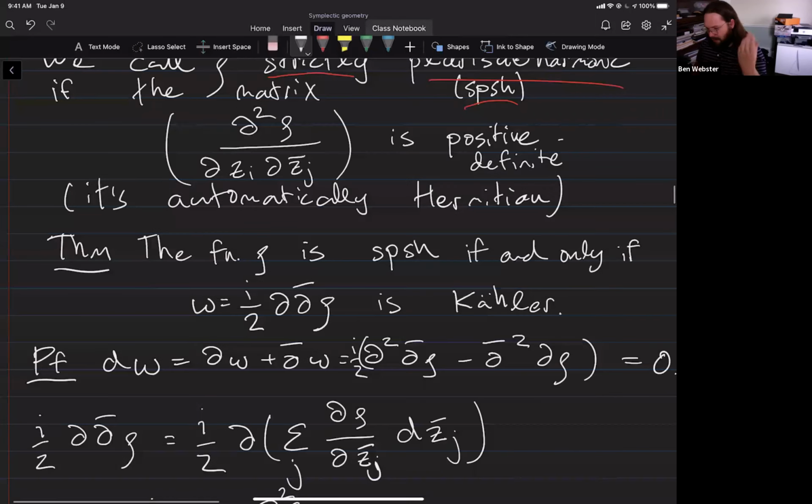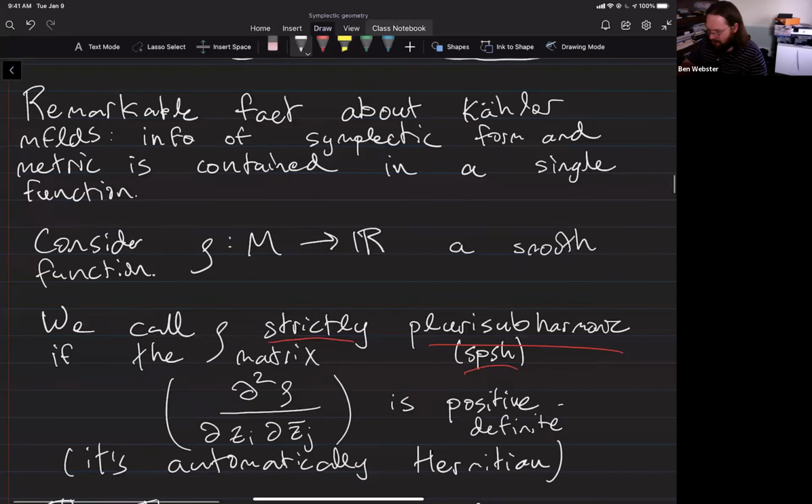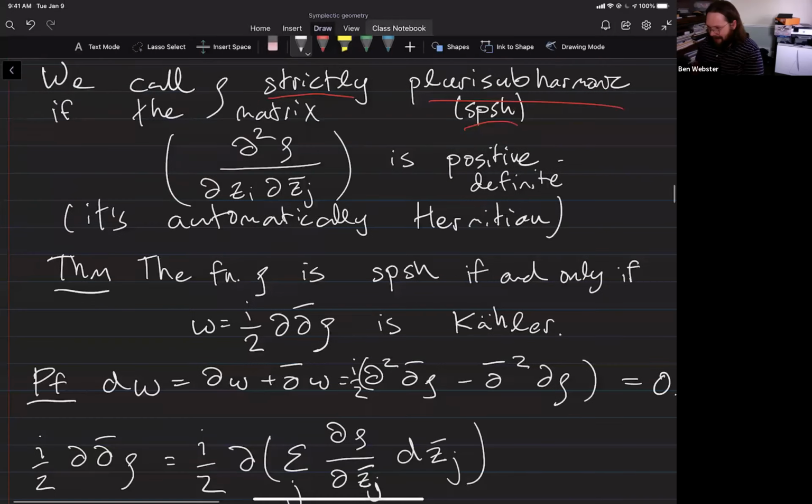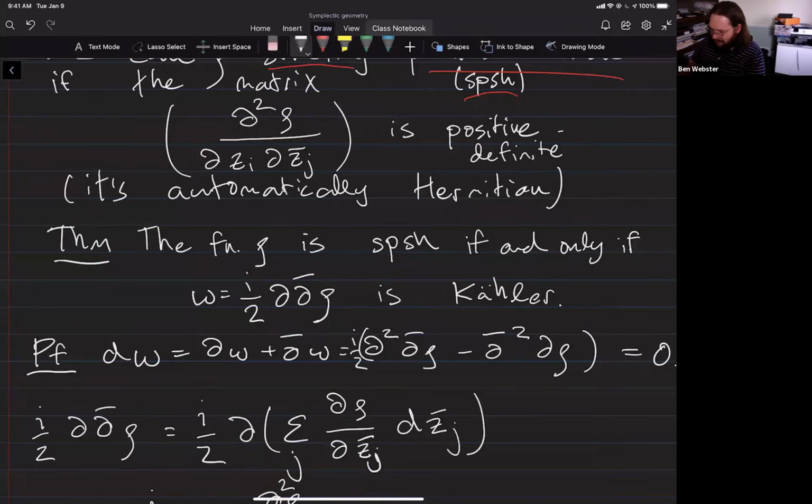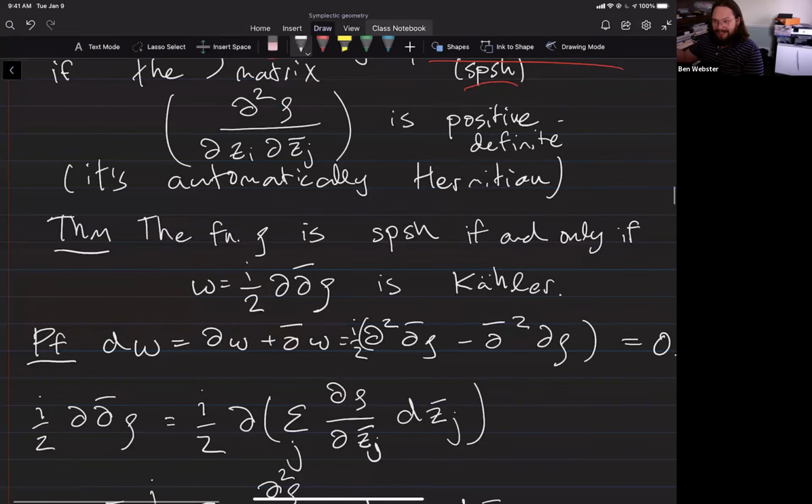And in fact, if you are already on a complex manifold, I'm using the complex structure in defining SPSH. So the function is strictly plurisubharmonic if and only if, when I take my function and apply del bar to it first, that gives me a (0,1) form.